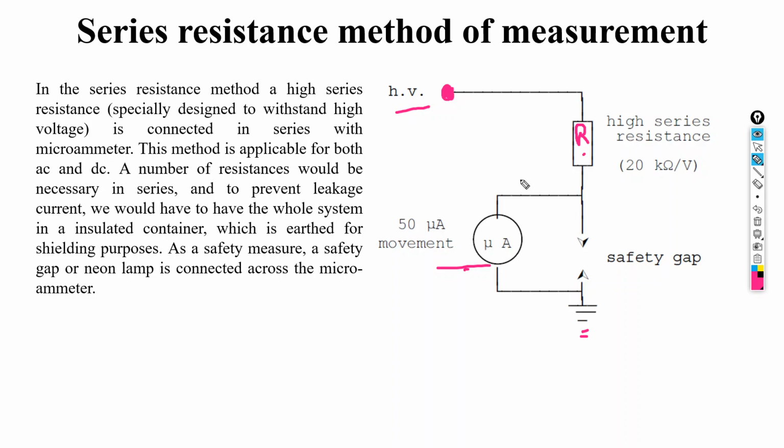By taking the product of the current and the resistance, we can determine the voltage at the high voltage terminal. Simply V = IR will give you the value of the voltage at the high voltage terminal. So this is again a simple method used for the measurement of high voltage.